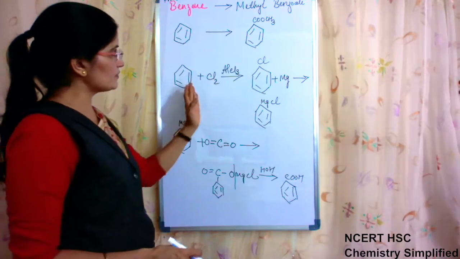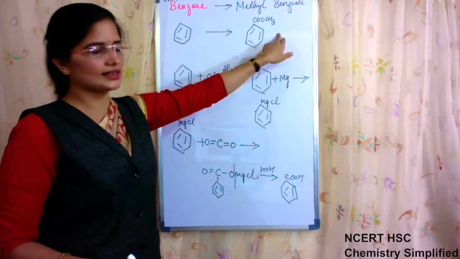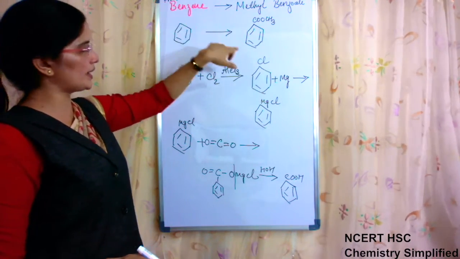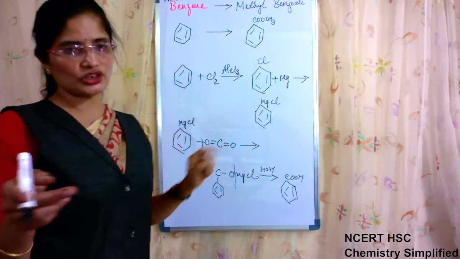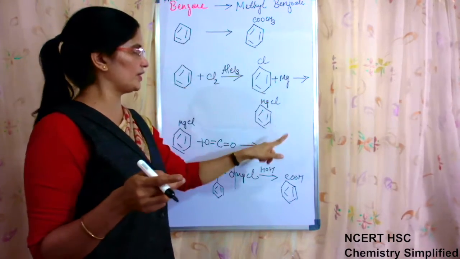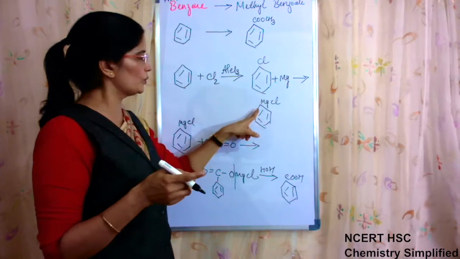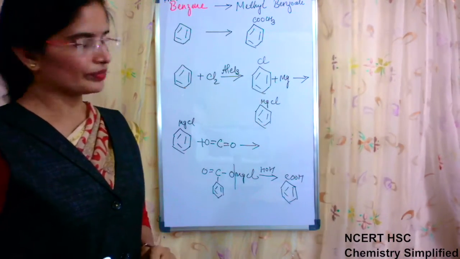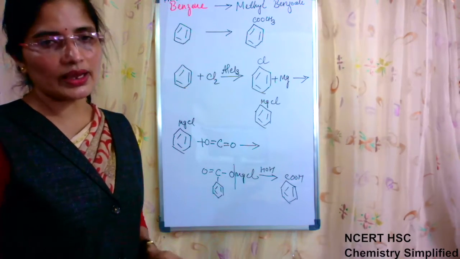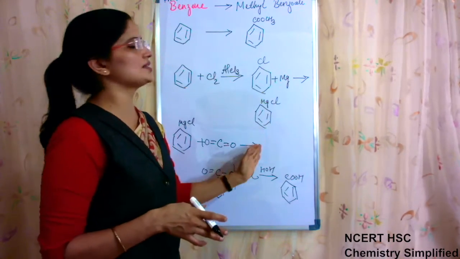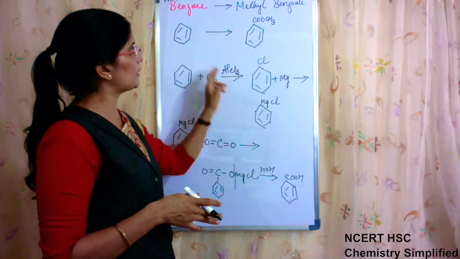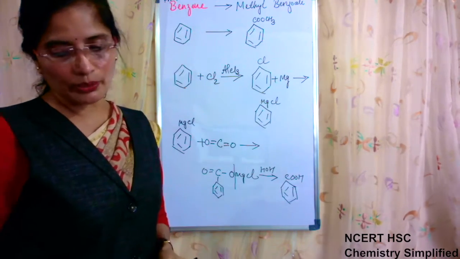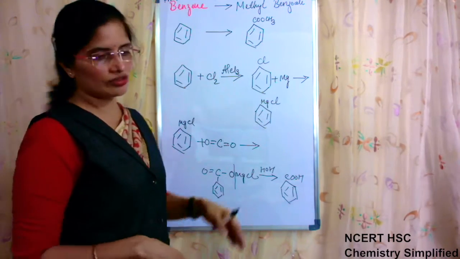Because we realize that for forming esters we have to convert this into acid, and for acid conversion from the benzene ring we have only one method, that by converting it into a Grignard reagent we can use CO2 to convert it into benzoic acid. That is why we have planned these steps, because the steps will be planned according to the final product. Every time this same reaction will not be used.